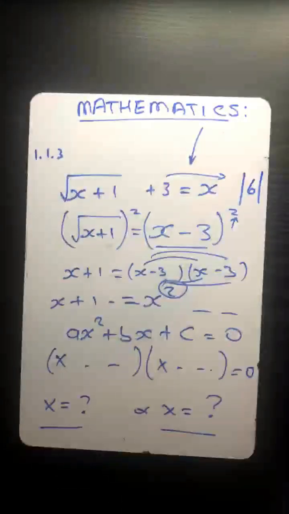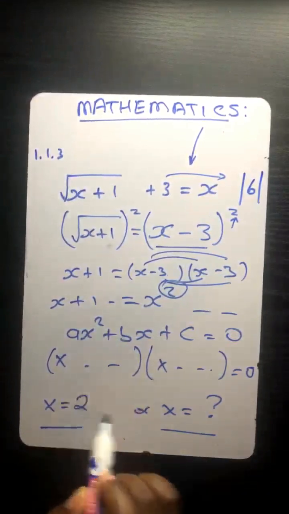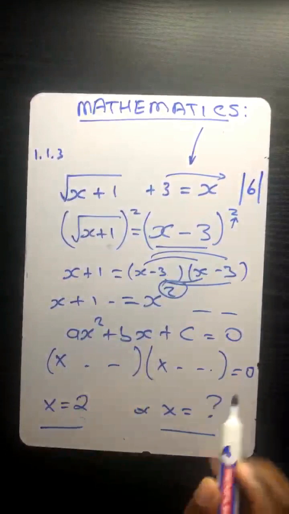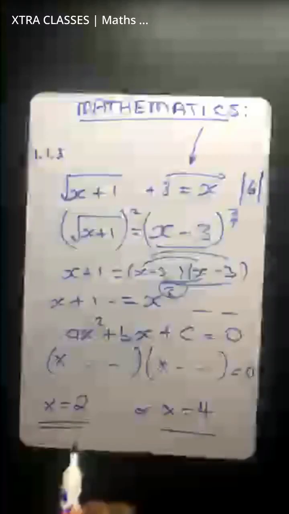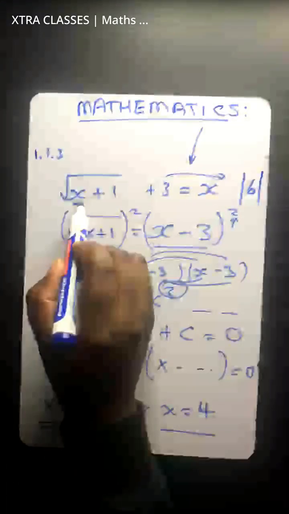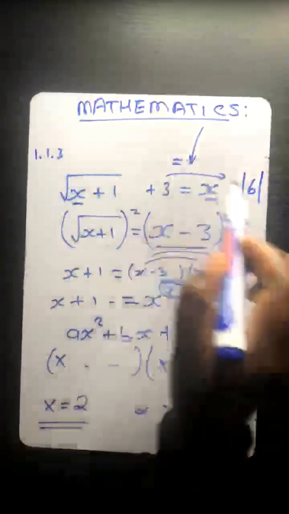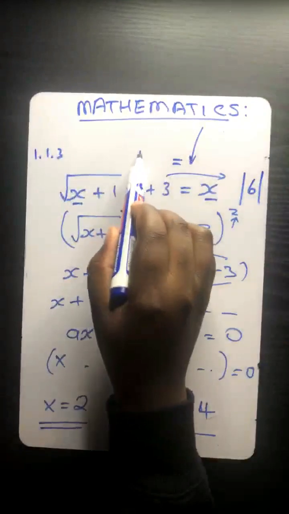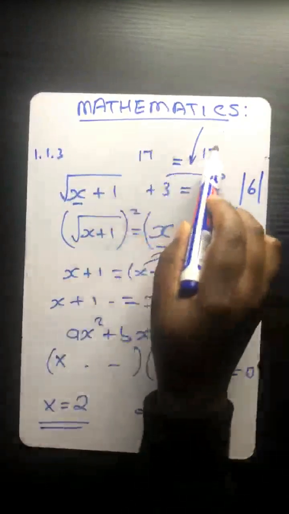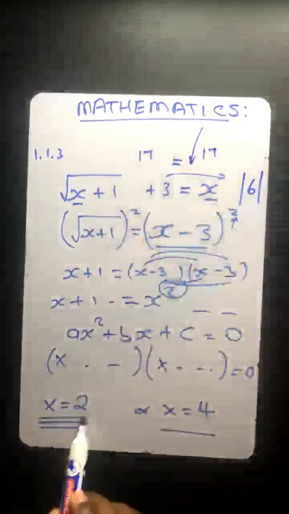Between these two answers, one of them could be applicable and one of them could be not applicable. So for example, let's say you got a 2 there, and let's say you got a 4 there, you might need to take that 2, substitute it there, and also substitute it there, and check if you get equal answers. Maybe here gives you 17, here it gives you 17. Then you know x is equal to 2.